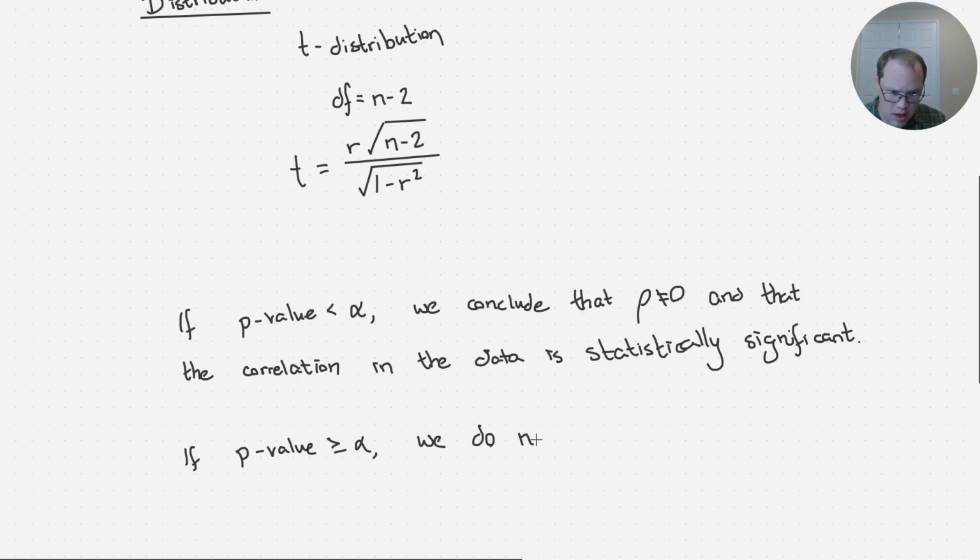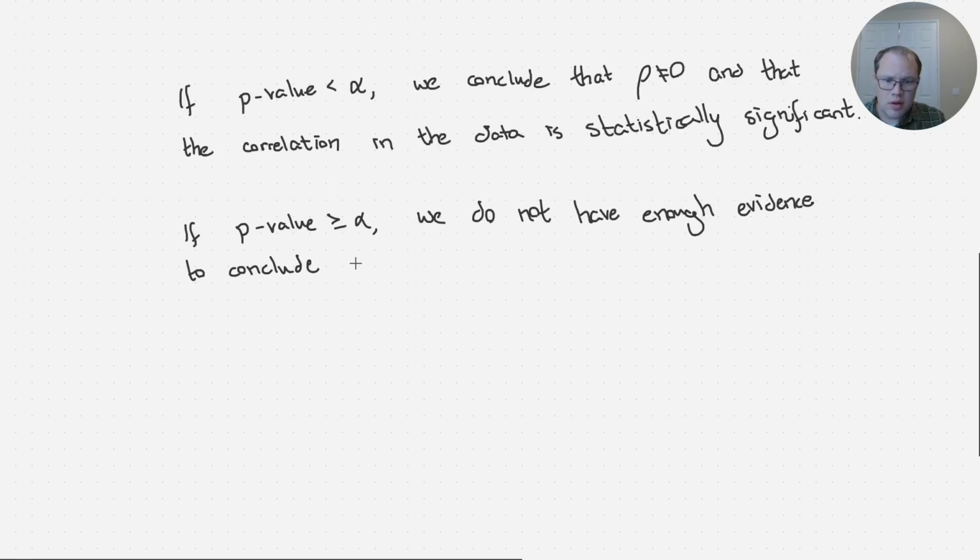We do not have enough evidence to conclude that the population correlation coefficient, rho, is not 0, and that the correlation is statistically significant. We just don't have enough data to conclude that.